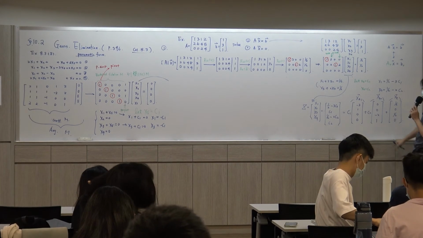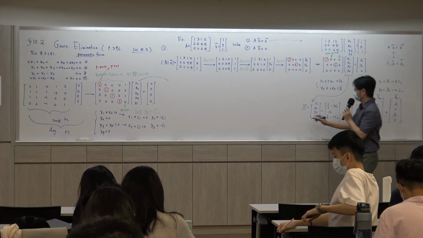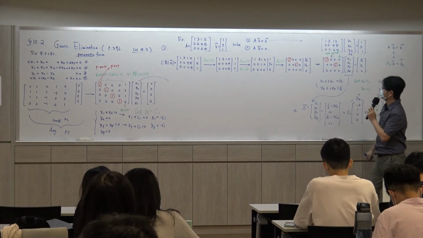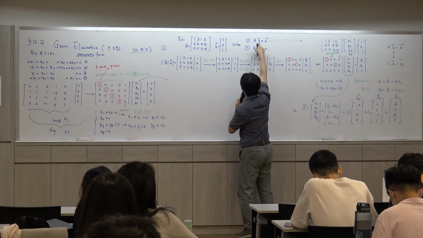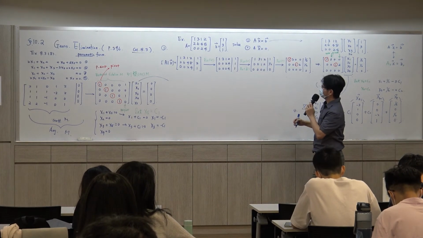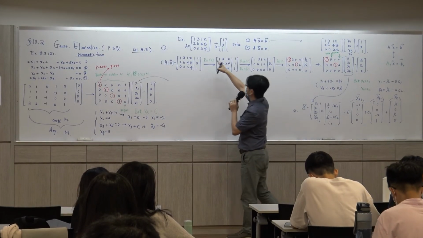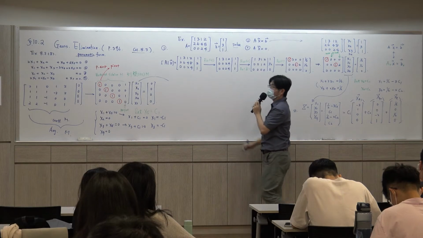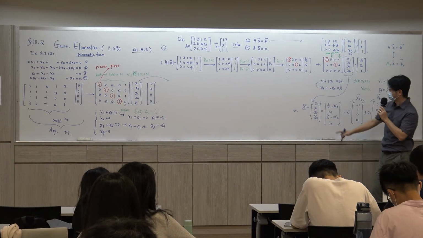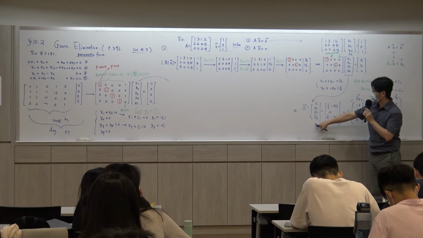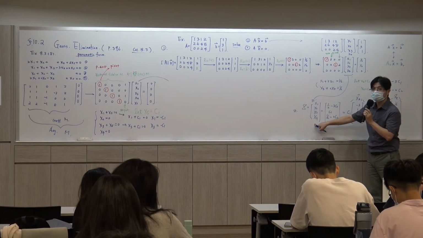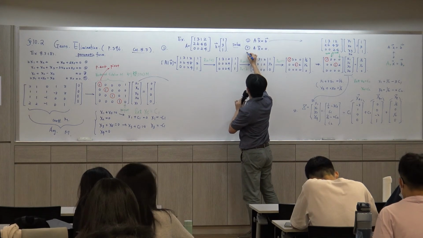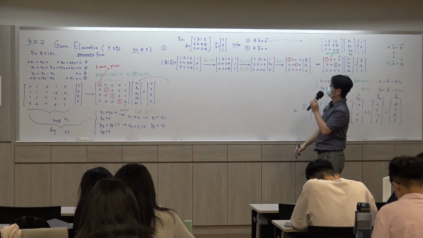So here we can have the solution. This is what we want. The solution is this. If we, for example, want to solve this, it means we need to get this solution. Okay, so let's further look at the second question.